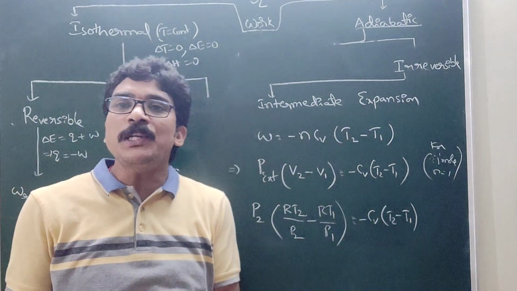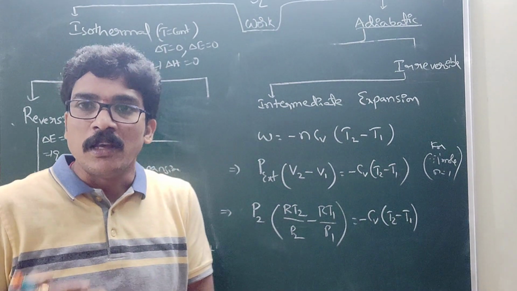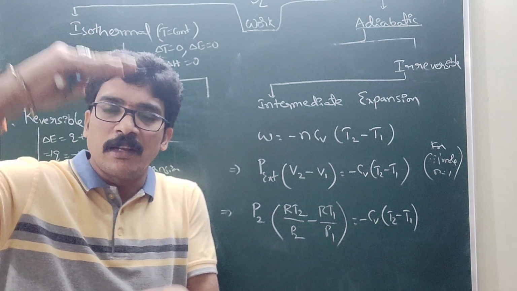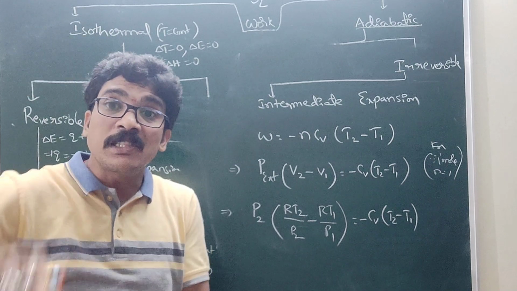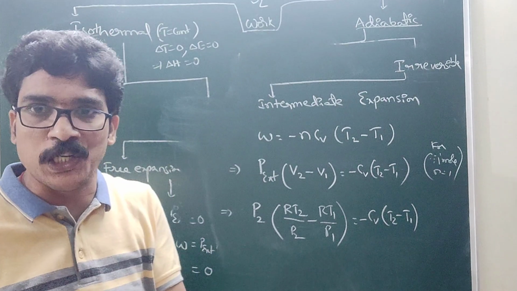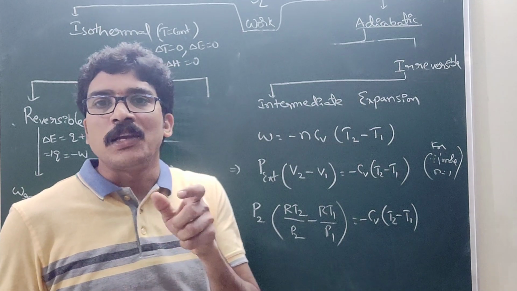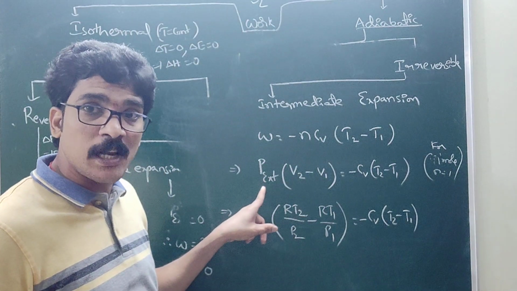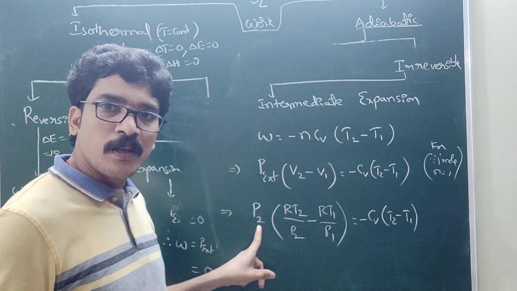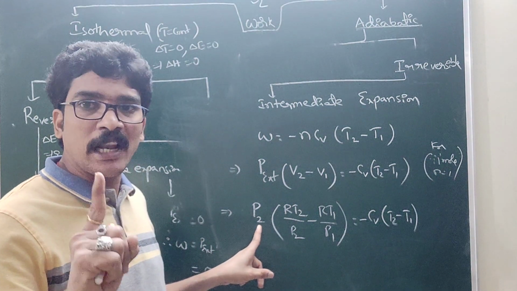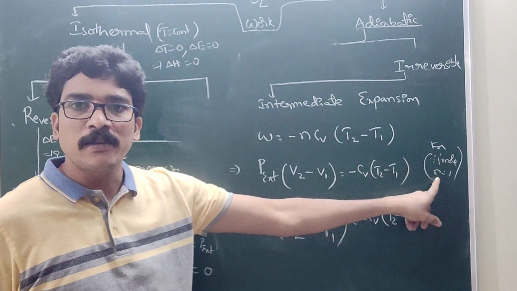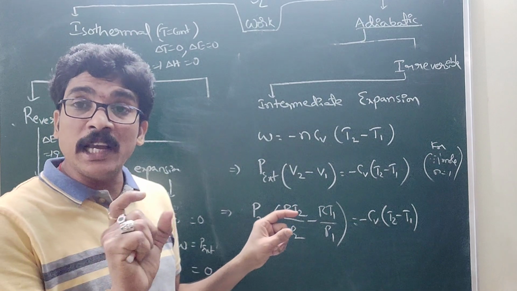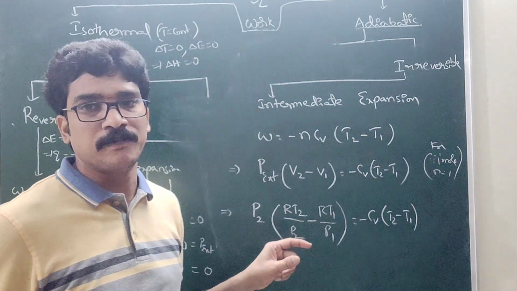What is the meaning of external pressure? Irreversible process means the system changes suddenly, a sudden change. That means external pressure is nothing but the final pressure. Initial pressure is P1, the final pressure is P2. Therefore, in place of external pressure, write P2. For 1 mole of an ideal gas, n is equal to 1, so in place of n, I can write 1. And we know for an ideal gas, PV is equal to RT.